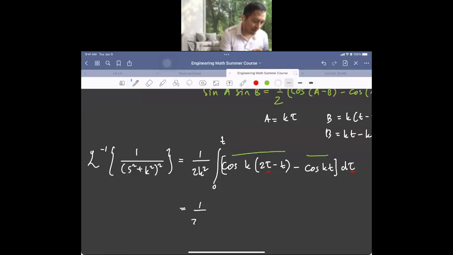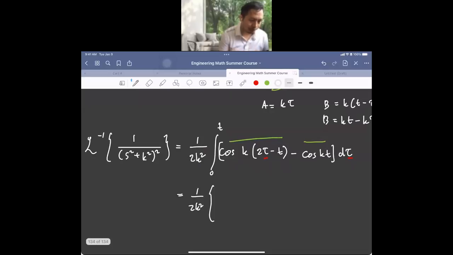So the result is cosine k(2 tau minus t). Remember, it becomes sine, right?